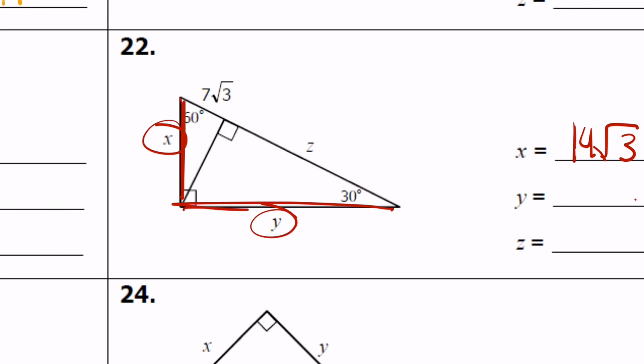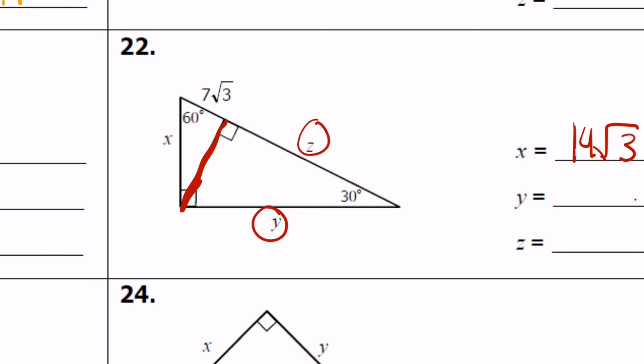However, I want to do it a little bit easier. I want to find this longer side here, because that's going to help me find y and z. Notice how that's the shorter side of this larger triangle in here. That's going to give me a much better way to find y and z.